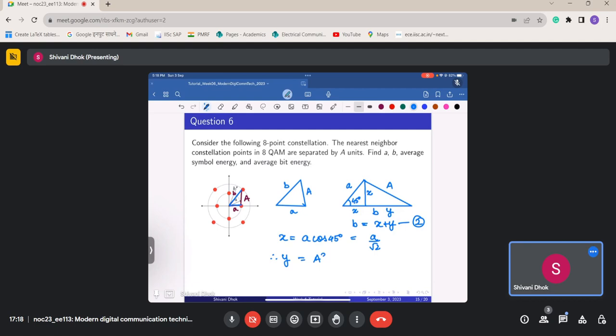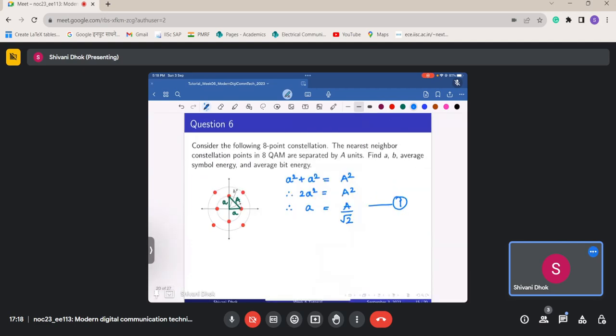a square, or let's say this y will be equal to under root of a square minus x square, which is equal to under root of a square minus a square by 2. And note that a square is equal to capital A square by 2.